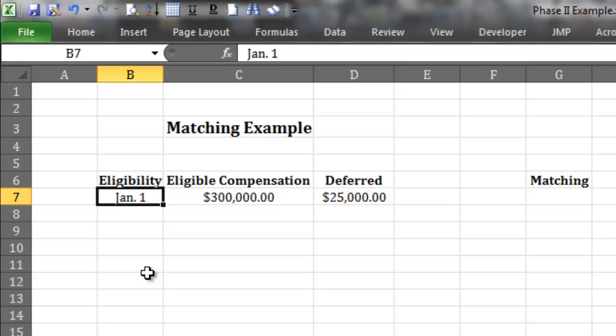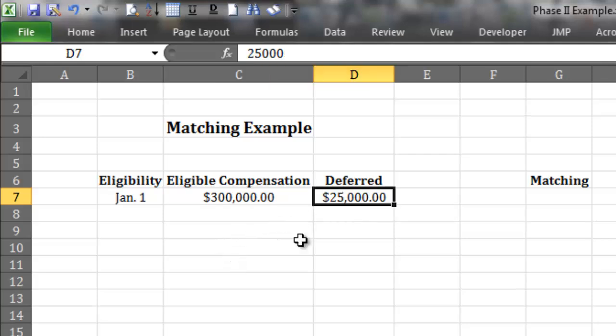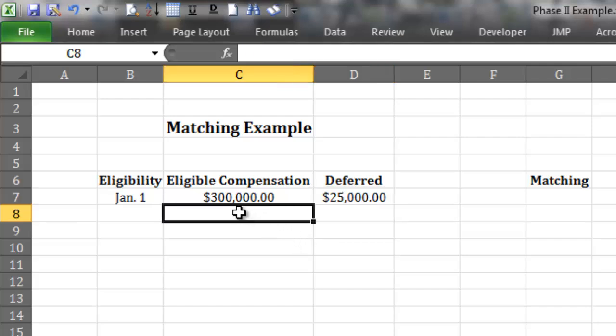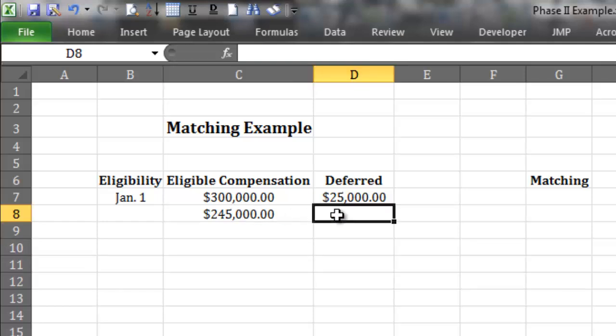As of January 1st, he earned $300,000 of compensation during the year and deferred $25,000 of his pay during the year. However, remember that the plan compensation is limited to $245,000, so let's make that amendment down here to the eligible compensation for Ralph, and also that the deferral is limited to 6% of that eligible compensation.